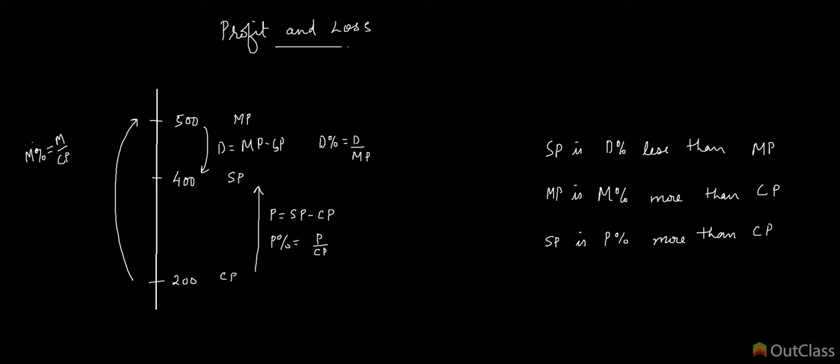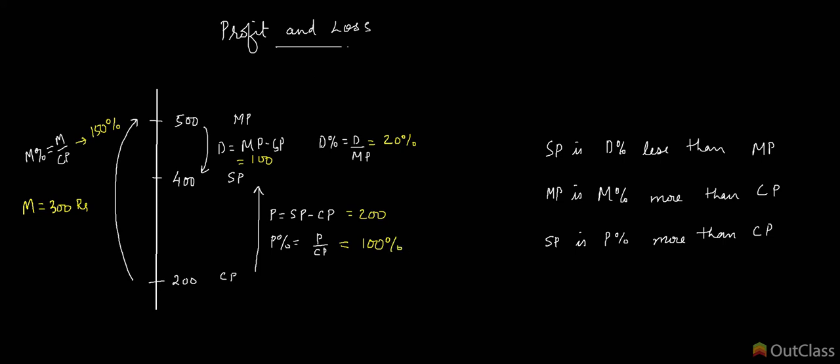So in this case, my markup was 300 rupees. I marked up the product by 300 rupees, which was a 150% markup. I gave a 100 rupee discount, which was a 20% discount. Finally, I got a 200 rupee profit on a 200 rupee cost price, which should be a 100% profit.